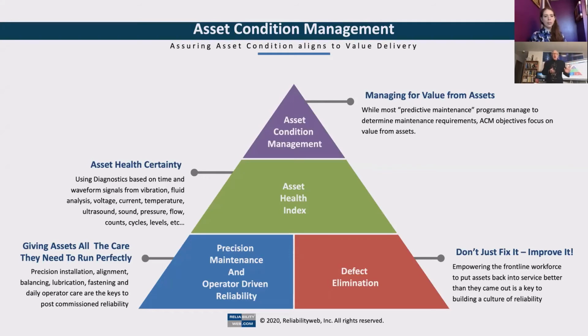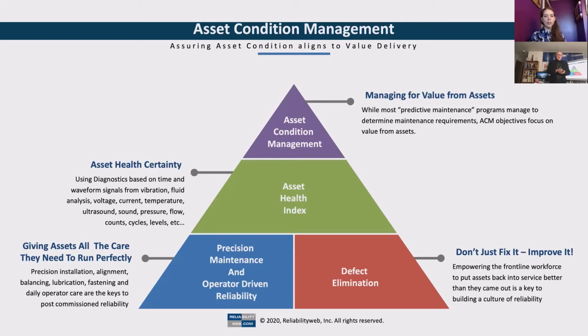So we start with what we call precision maintenance and operator-based reliability, getting them involved. So doing every precision alignment, precision torquing, precision balancing. We do everything right to avoid the defect, the P, ever happening.